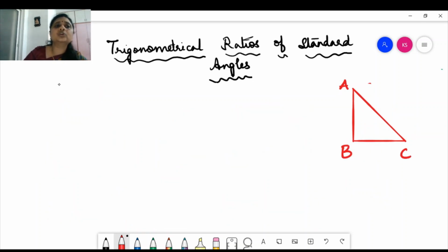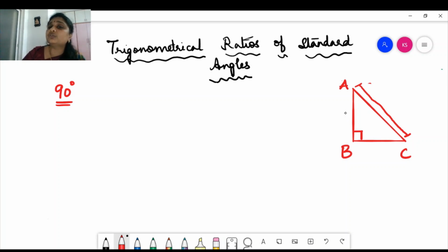Now we are moving on to the last and final standard angle, that's 90 degrees. For me to have a 90-degree angle, these two are already perpendicular. So what should happen? The hypotenuse should basically coincide with the perpendicular. Correct? For 0 degrees, what did we see? The hypotenuse coincided with the base.